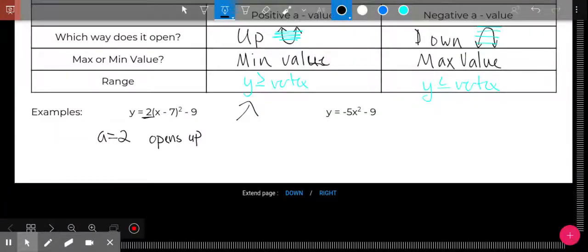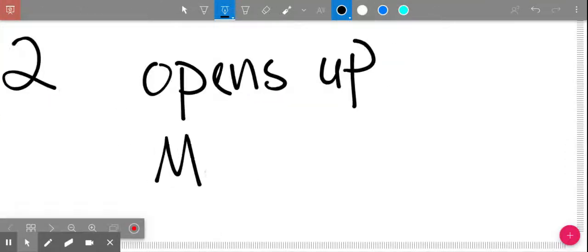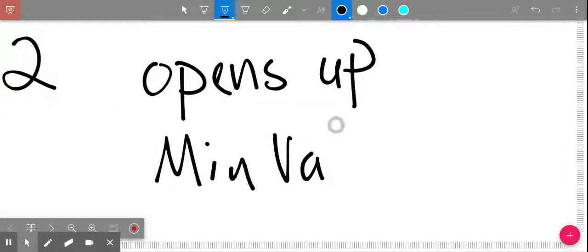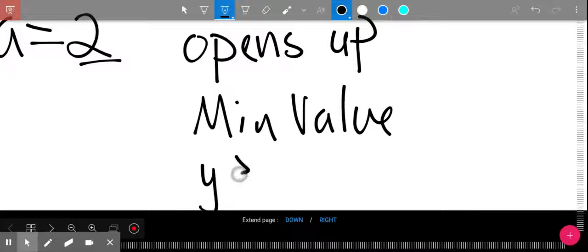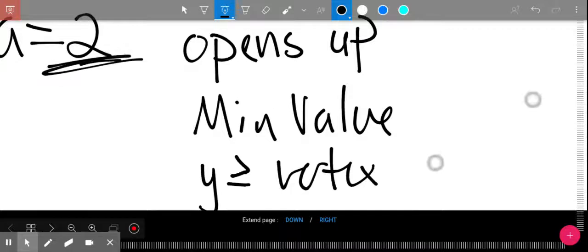We also know it has a min value, all because my a is positive. Quick way to check. And then we also know that my range is going to be y is greater than or equal to the vertex. So we already know all that information, all because my a value is positive.